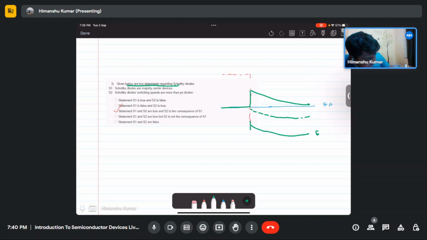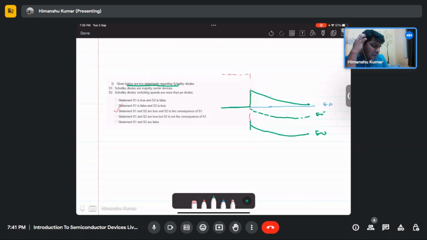So this is EV, this is EI. Now let's say the structure is like this: this is your semiconductor S, and this is your metal. If the metal has this thickness, then your structure is like this.